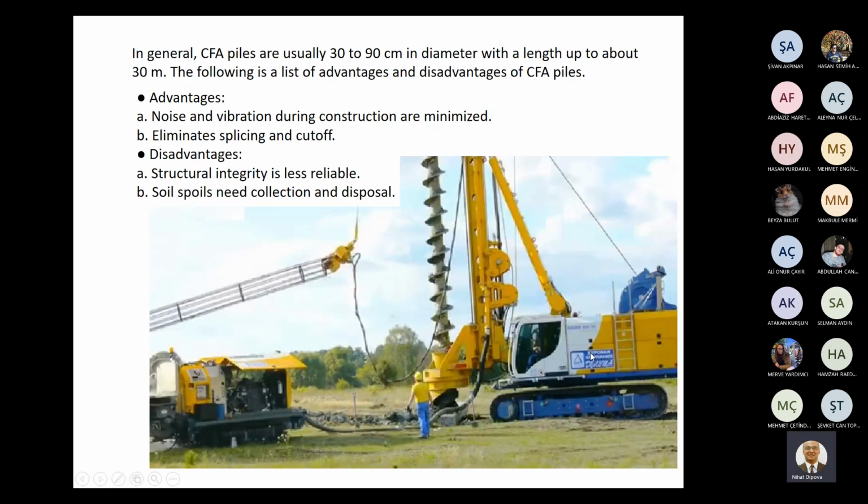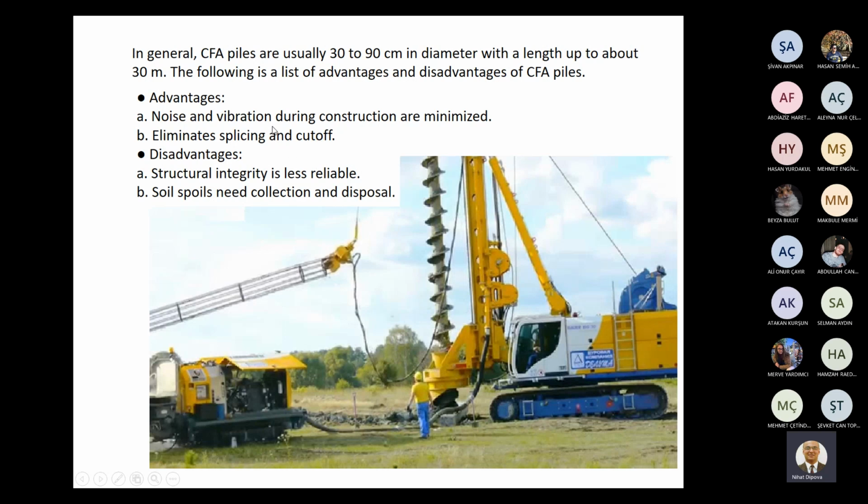In general, CFA piles are usually 30 to 90 centimeters in diameter, with a final length up to about 30 meters. The following is a list of advantages and disadvantages of CFA piles.